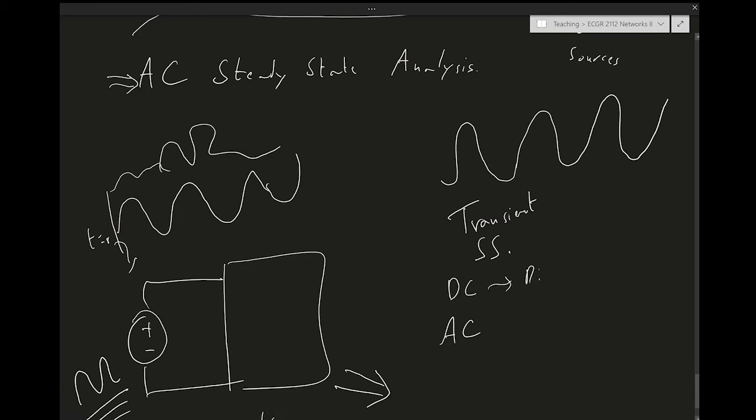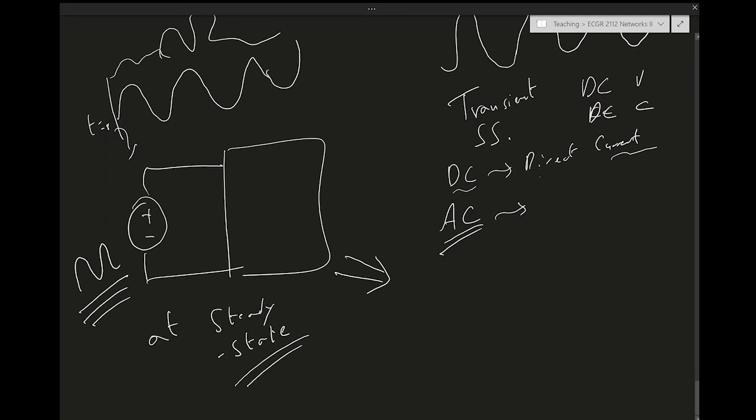Although DC means direct current, we use it to mean something more general than just a current. It applies to a voltage, so we can say a DC voltage or a DC current. Same thing for an AC. It literally means alternating current historically, but we don't use this description to only describe current. We use it in general to describe current or voltage. So we say an AC voltage or an AC current. Okay.